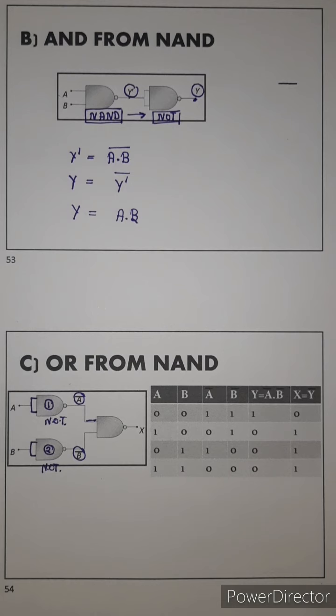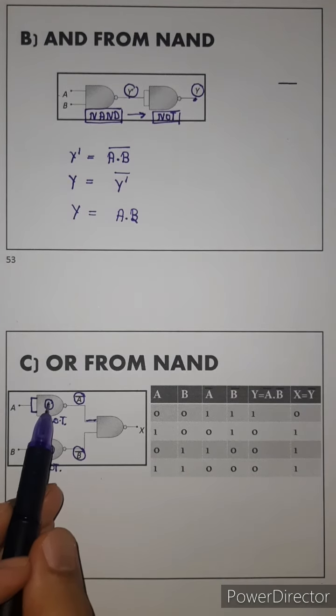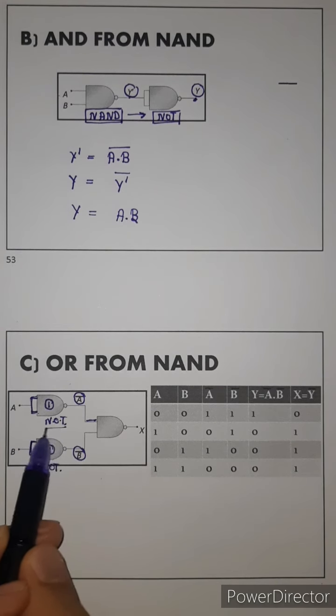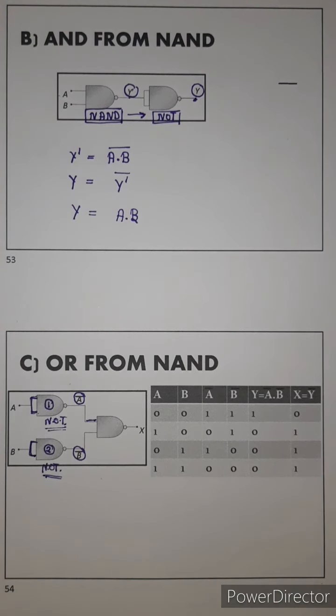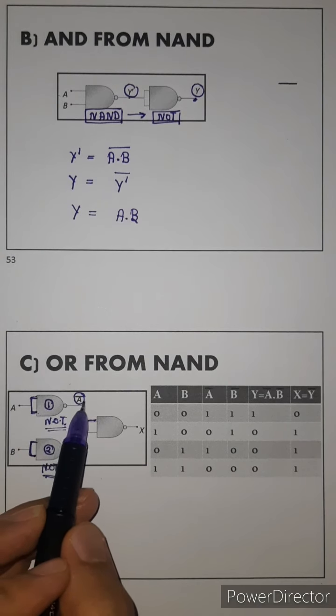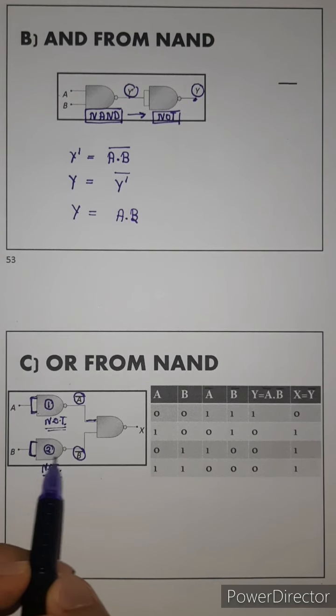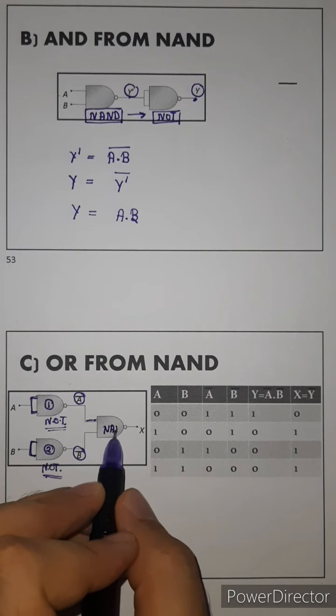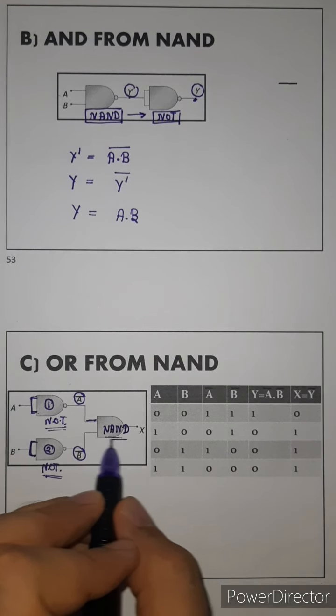Let us now form OR gate by using NAND gates, and for this purpose we need 3 NAND gates. For NAND gate number 1 and NAND gate number 2, I have joined their inputs in order to create 2 NOT gates. Now the output from the first NOT gate will be negation of A, and the output of the second NOT gate will be negation of B, and these are reintroduced in the final NAND gate, which is connected over here.